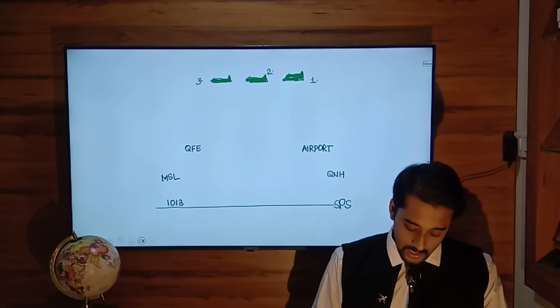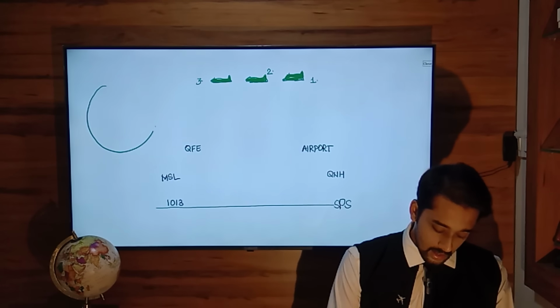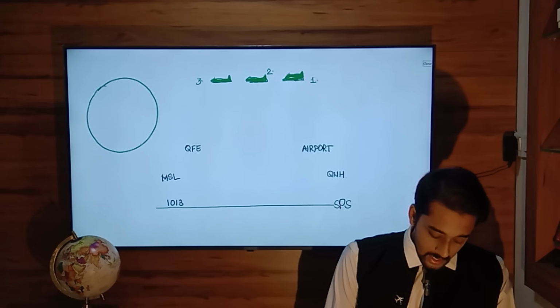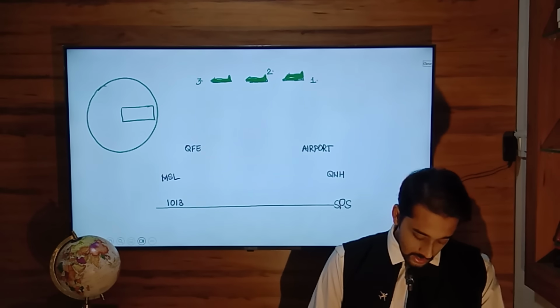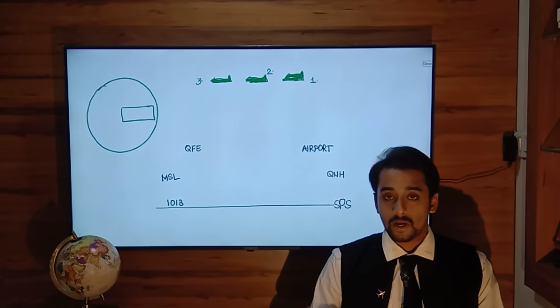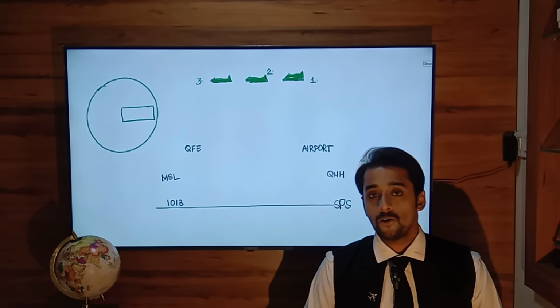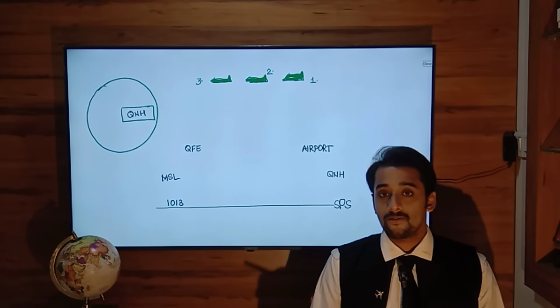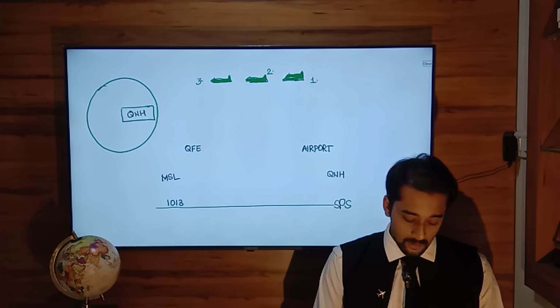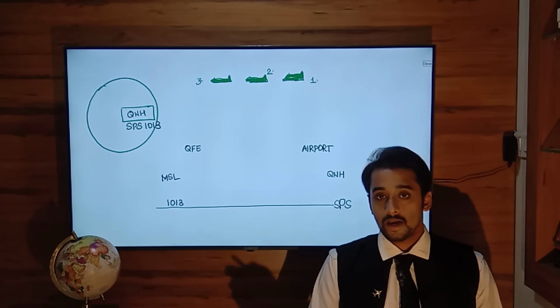Coming back to this, your altimeter in your aircraft has a window called the altimeter pressure setting window. In this window, you will always put an input of whatever pressure setting is outside your aircraft. If you are flying below transition altitude, you will put local QNH. If you are flying above transition altitude, you will put standard pressure setting 1013 in it.